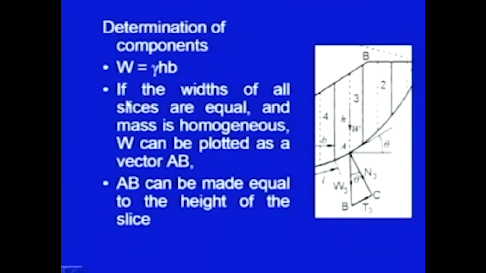Now, if we keep the widths of all the slices the same and also if the mass is homogeneous, then W can be plotted as a vector AB. We can see here in this case we can directly take W as a function of h only, because we are taking b constant, width is constant, gamma is constant because it is homogeneous.